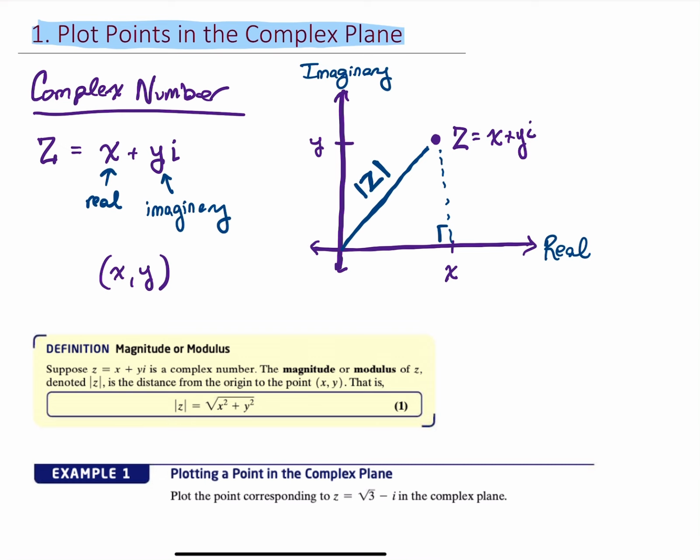So we use that same notation. And this is just a distance of x, and this is a distance of y. So we have a formula for the magnitude of the complex number, which comes from the Pythagorean theorem. It'll be the square root of x squared plus y squared.